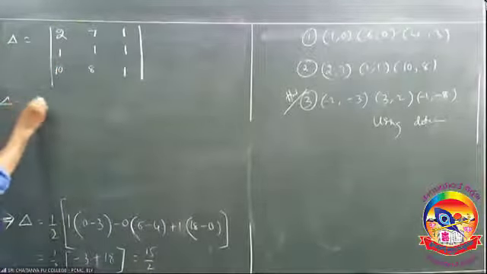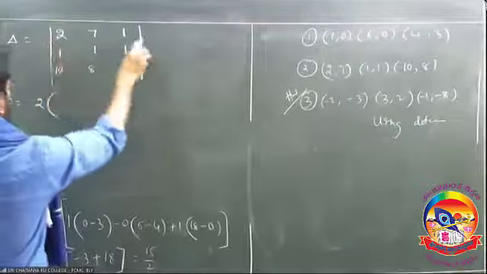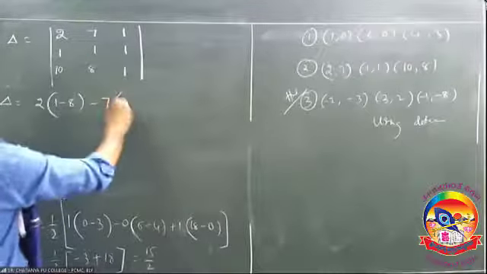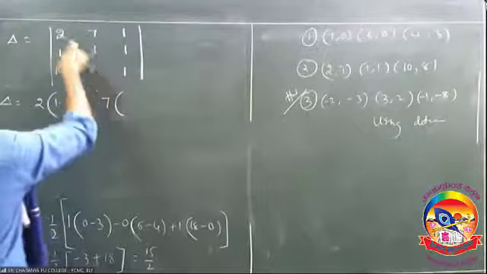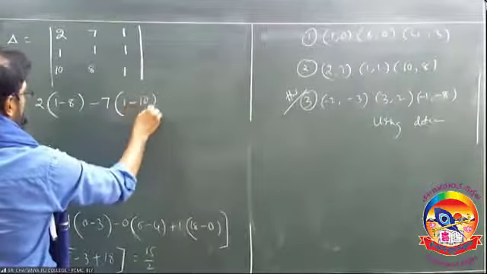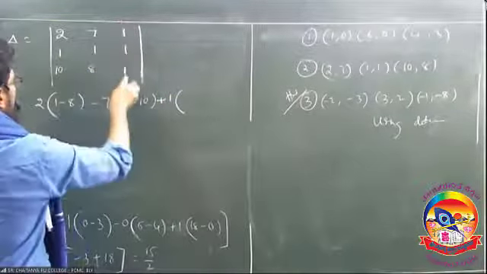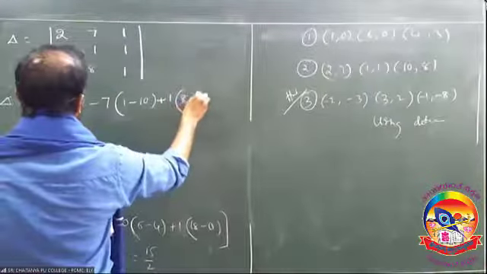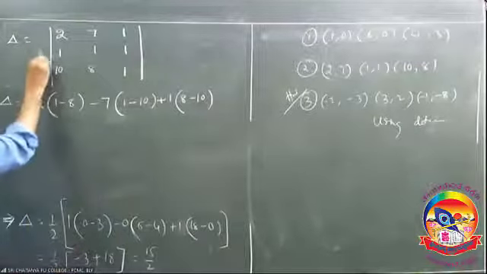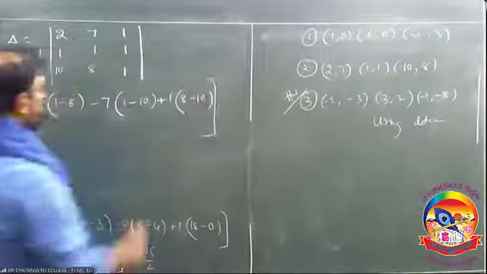Now delta is equal to 2 into, excluding this column and this row, 1 minus 8, minus 7 into, excluding this column and this row, 1 minus 10, plus 1 into, excluding this row and this column, 8 minus 10. I am repeating this again, into 1 by 2. This is very important. Even we are forgetting that one, observe.